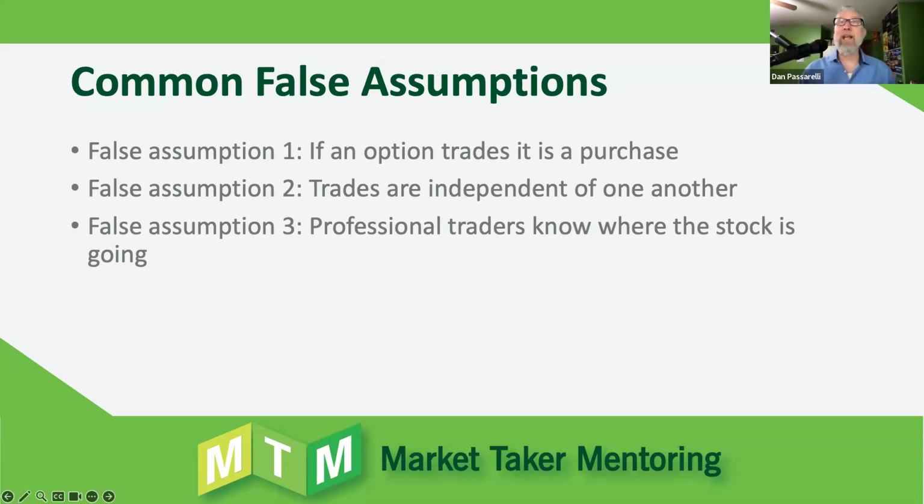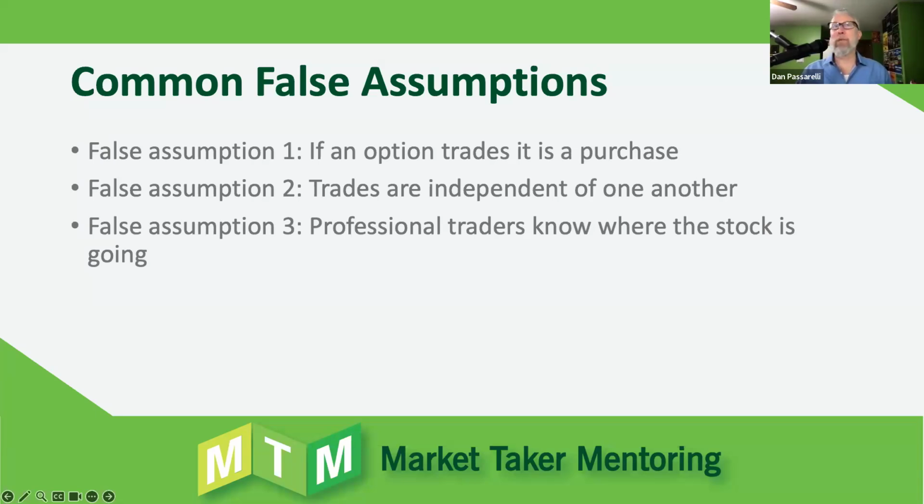And sometimes they are. And not only that, even if they did know where it's going, if a professional trader bought a bunch of puts, well, they might not think the stock is going down. They might be concerned that the stock might go down, and they're actually long the stock, so they want it to go up.